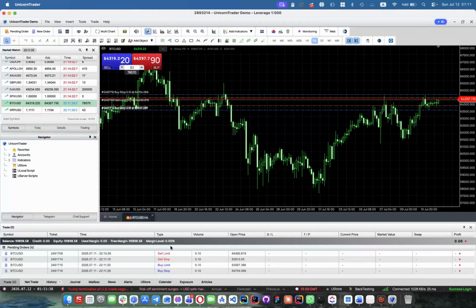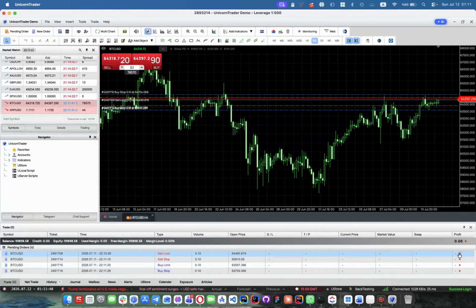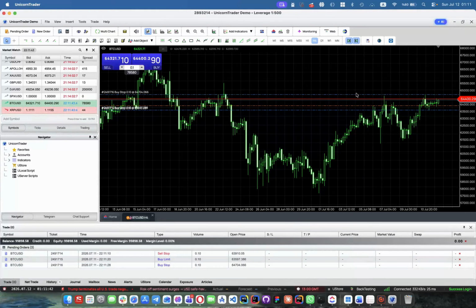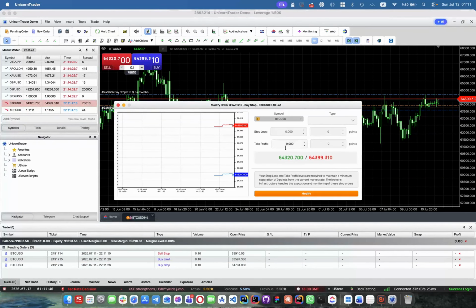At the bottom, we can close the trades that have been registered as pending. Alternatively, we can choose to manually specify the exact take profit or stop loss levels for these positions through the modification process. For this specific buy stop order we have here, we can easily go ahead and set a take profit target to manage our gains.